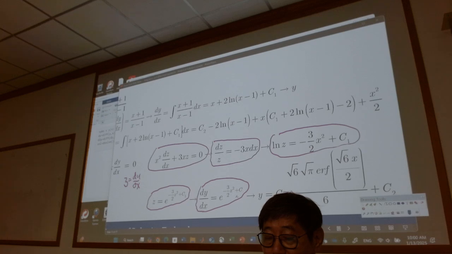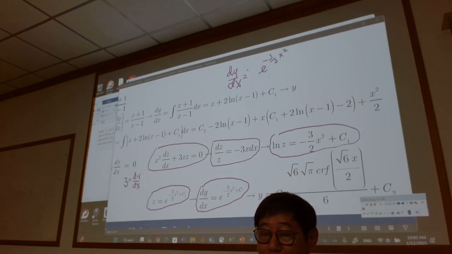Okay, now you can integrate this one: dy by dx equal to e to minus t over 2 x squared. I can put this one as C1. This one, right?